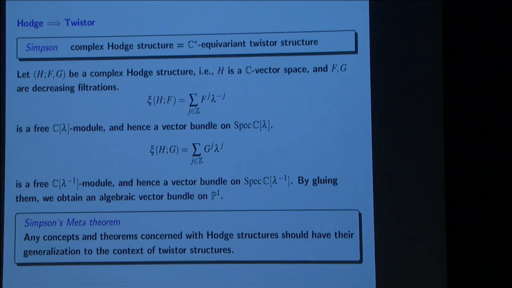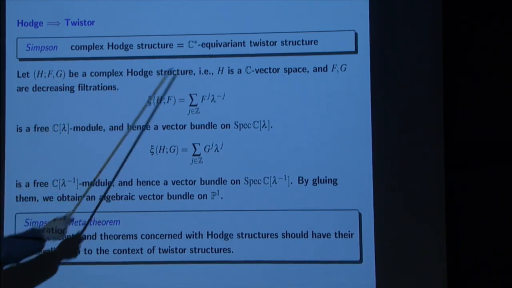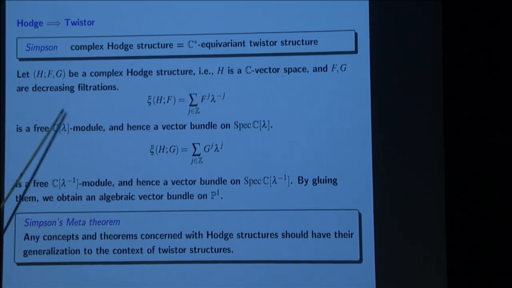As I mentioned, a twistor structure is a generalization of Hodge structure, or of the underlying structure of Hodge structures. More precisely, Simpson proved that a complex Hodge structure is equivalent to a C-star equivariant twistor structure. Let me mention how we can obtain a twistor structure from a complex Hodge structure. A complex Hodge structure is just a C-vector space with two decreasing filtrations.